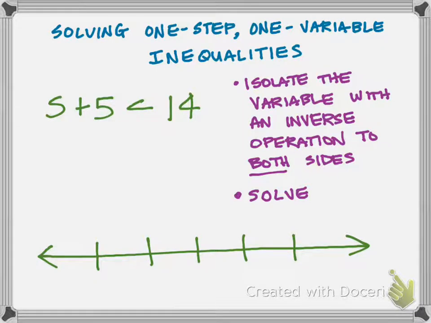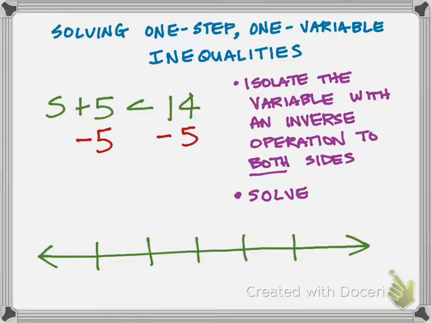So let's isolate the variable with an inverse operation. The variable is over here on this side of the equation. So let's isolate it by doing the opposite of adding 5. So let's take away 5 from this side, and let's take away 5 from this side.